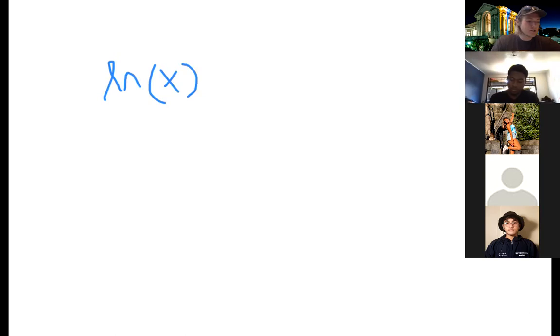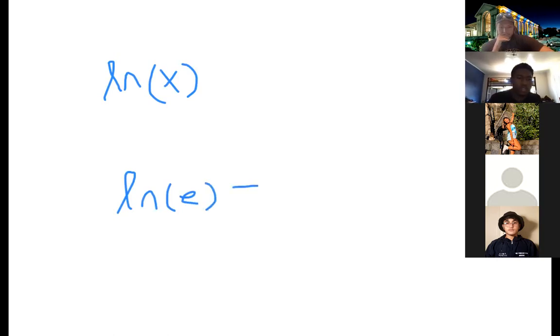A good thing to remember: can someone tell me what the ln of e is? Okay. There are people saying 1 and there are people saying e. Is it e or is it 1, everybody? Fight in the chat.